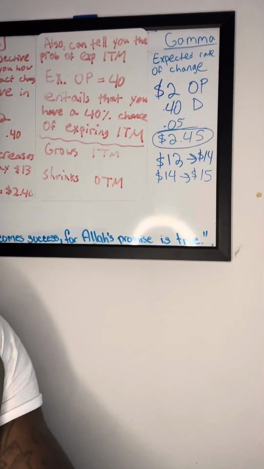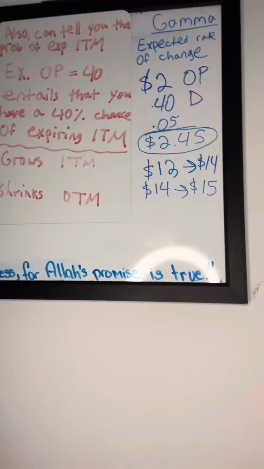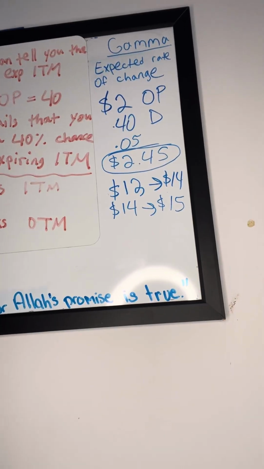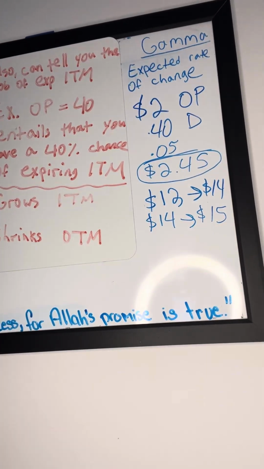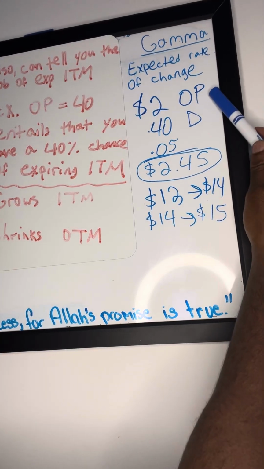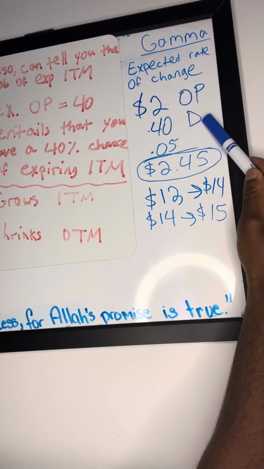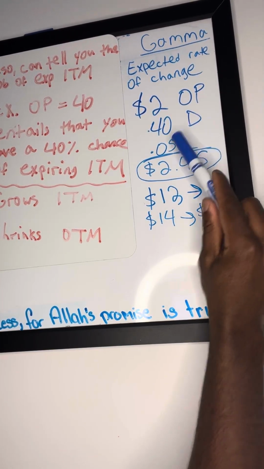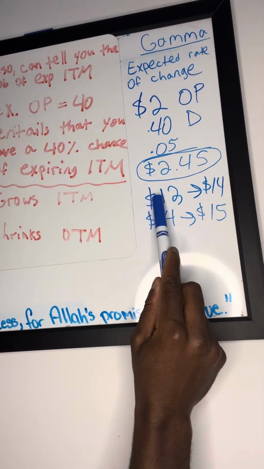I see the light is there, we go. This new $2.45 represents the options new premium. Does that make sense? Right? Again, the initial options premium was $2 when the options contract initially started. Delta, you had a delta of 0.40. Delta increase, so you add that delta to the options premium for the first $1 move.